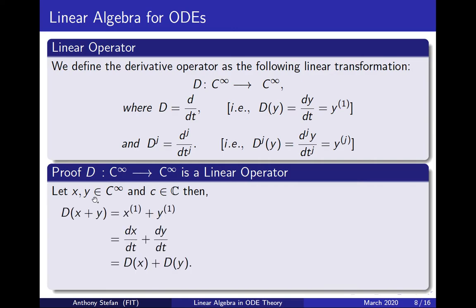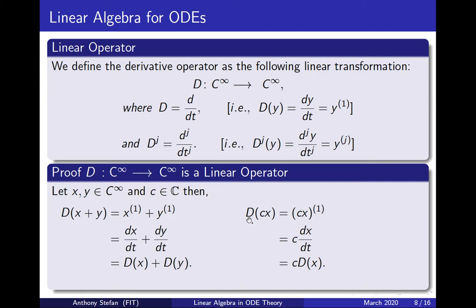Then to show closure under addition, D on x plus y is the same, and these two are equivalent. This is just showing the difference in notation. So x first derivative plus y first derivative, the same thing here. We know that this is just D on x plus D on y, so it's closed under addition.